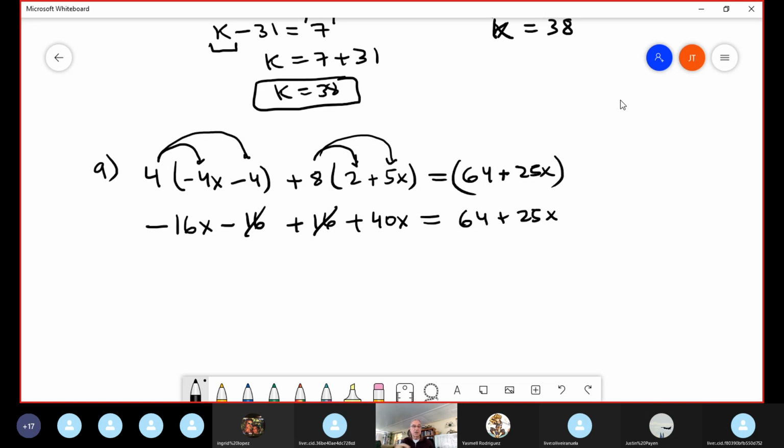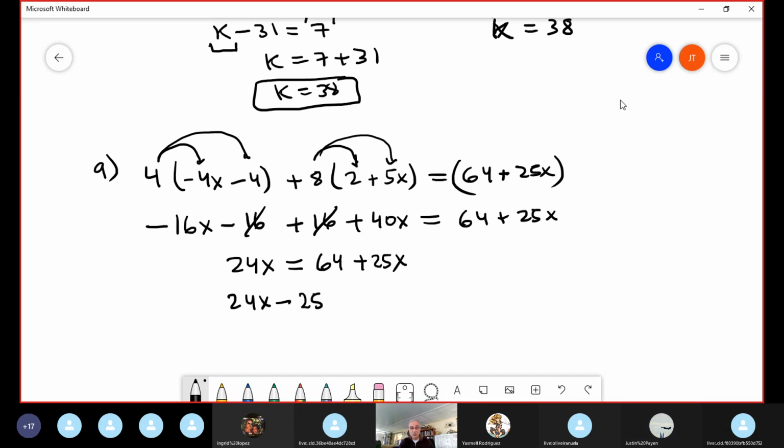Entonces we combine like terms here, 40. I put it in my calculator just in case, 40 minus 16 es 24. So I have 24x positive, no? Equals 64 plus 25x. What should I do? When I move, always the organization is, so you remember this, you have no problem. I put the variable to the left. This stays.